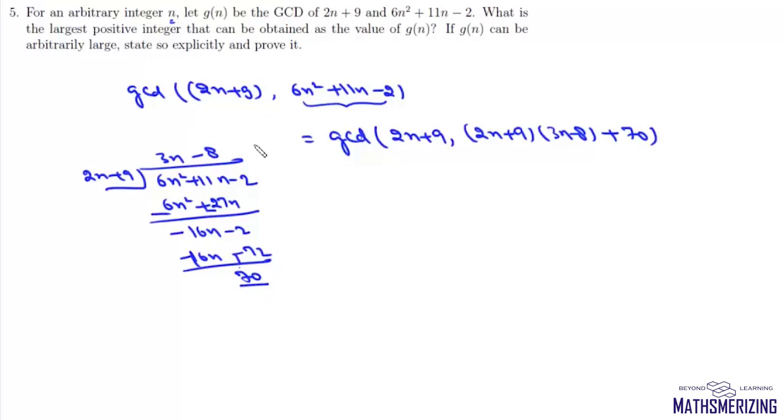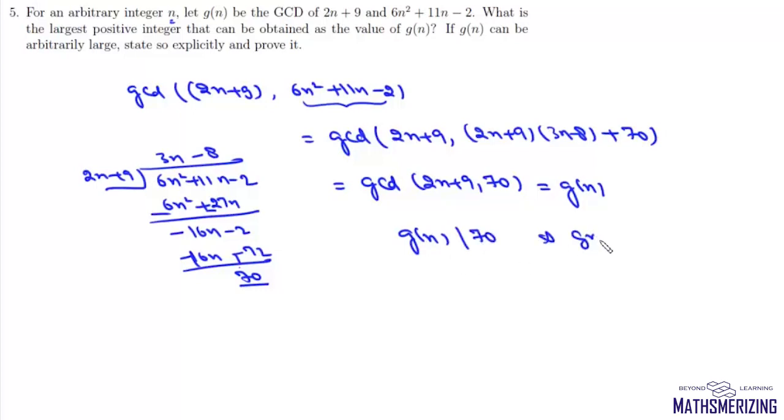So GCD of 2n plus 9, 6n square plus 11n minus 2 will be equal to GCD of 2n plus 9 and 70. Now this GCD is Gn. That means Gn divides 70 and Gn divides 2n plus 9.